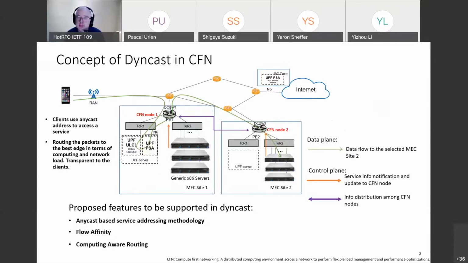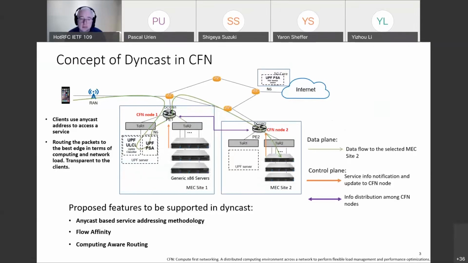But it could be possible that, for example, in working hours, the industrial park usually has much higher load, and the residential area normally not. So in some of the cases, the CFN node here, which is a mini data center gateway, can determine that this computing request would be best handled by the MEC site 2.